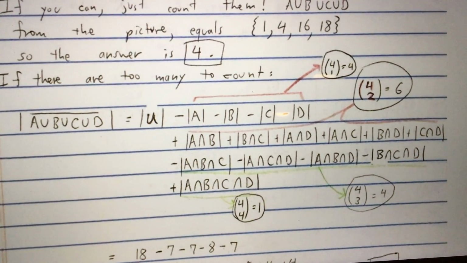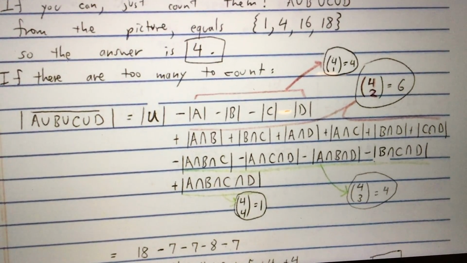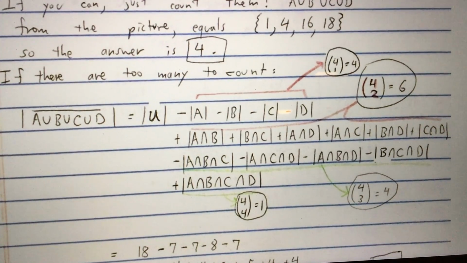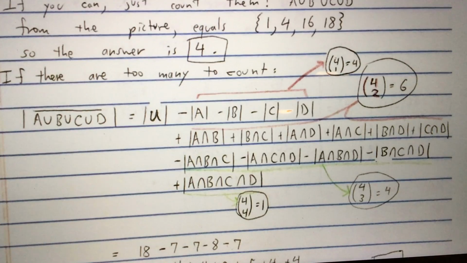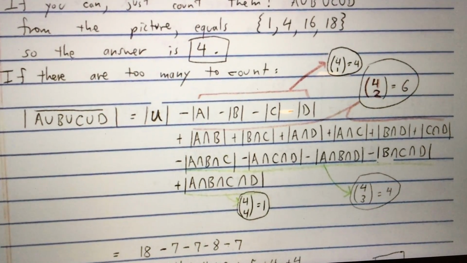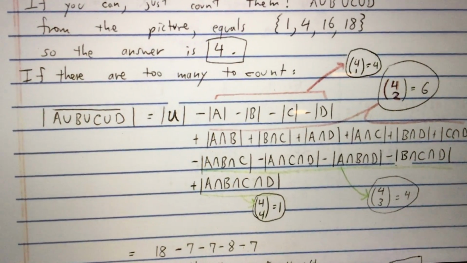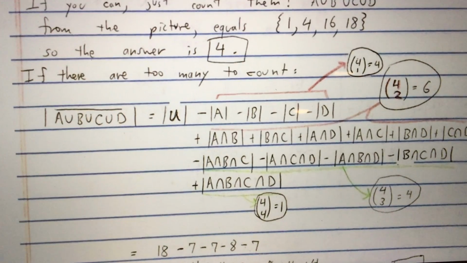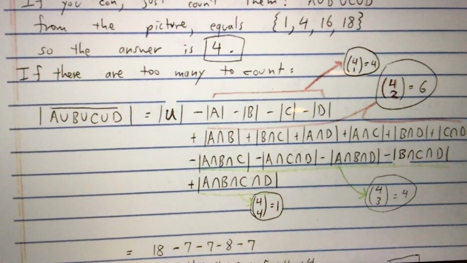So we subtract 4 possibilities. 4 choose 3 is 4, and there's 4 possibilities there. Remember the 4 there is because it's just A, B, C, and D. And then finally, we've subtracted too many times once again. We have to add back in the 4-way intersection. And that's all the subsets intersected. There's only one of those to add back in.